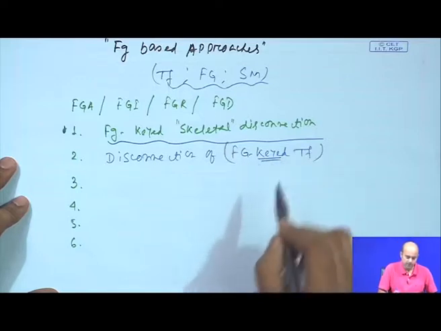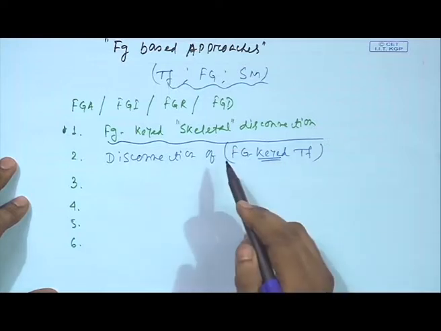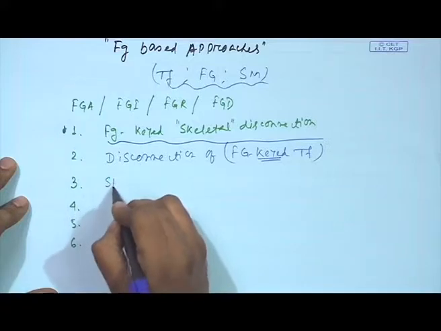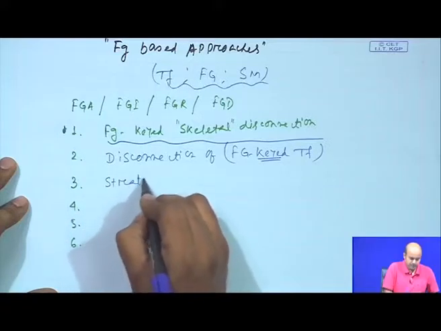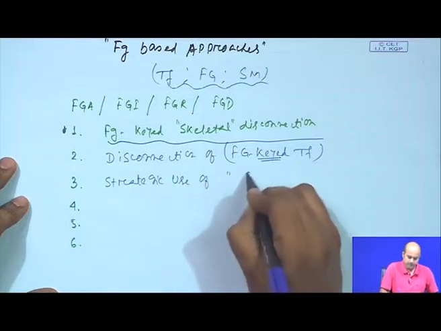In principle we have talked about these strategies when we discussed transformation based strategies, so we will explain them again with more examples. Number 3, we will talk about the strategic use of synthetic equivalents.